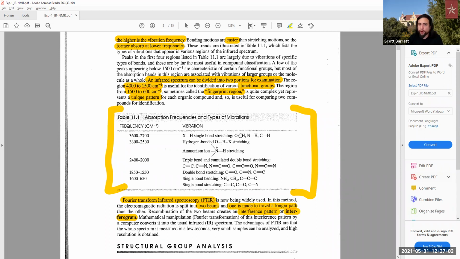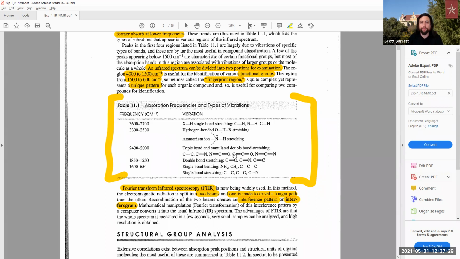As I said before, an alcohol, possibly an amine, carbon to a hydrogen. And again, carbon to hydrogen is very generic. That could be within anything. But with something like a phenol or an alcohol, you would notice something very different, a very broad peak on your graph. And then going forward, 3,300 to 2,500: hydrogen bonded OH bound to halogen stretching, an ammonium ion.